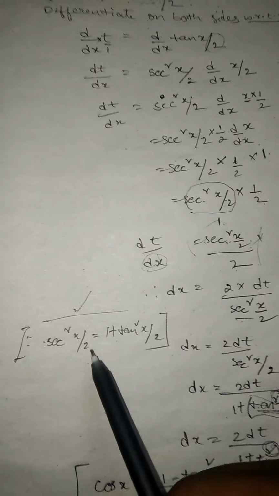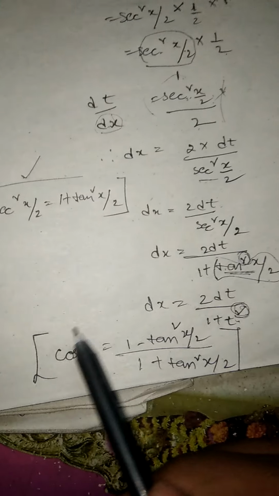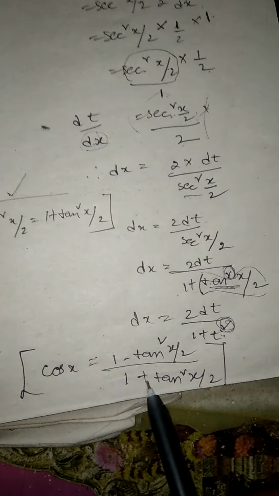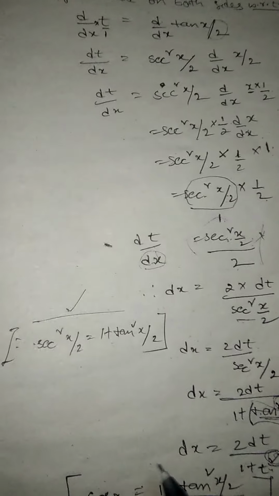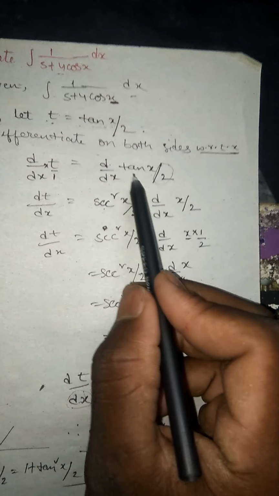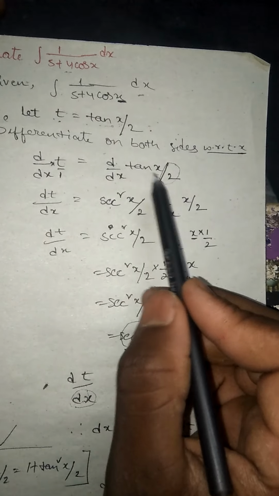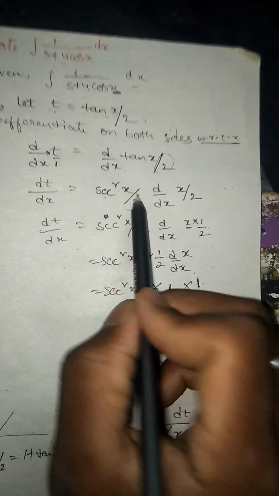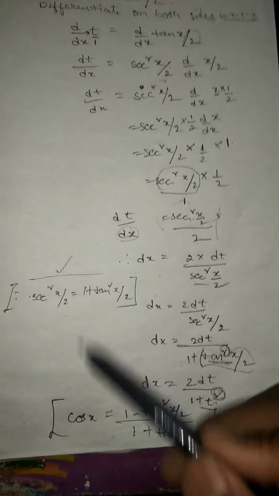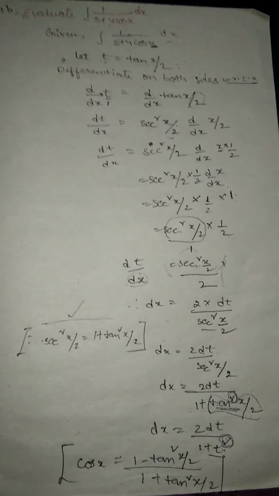Secant square x by 2 is equals to 1 plus tan square x by 2, and cos x in terms of tan is (1 minus tan square x by 2) by (1 plus tan square x by 2). These two formulas are very important for this sum. As well as the derivative of tan x by 2, which is secant square x by 2 into d by dx of x by 2. These three formulas are very important for this sum.